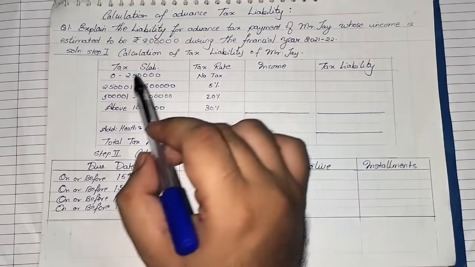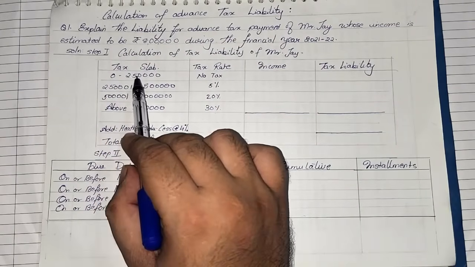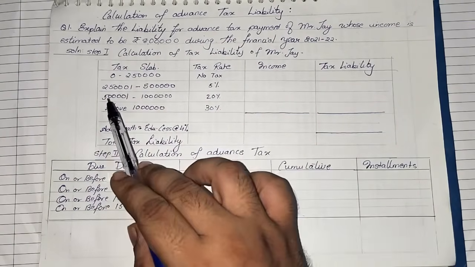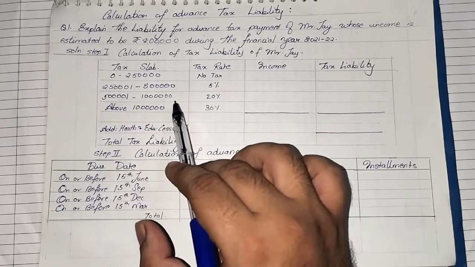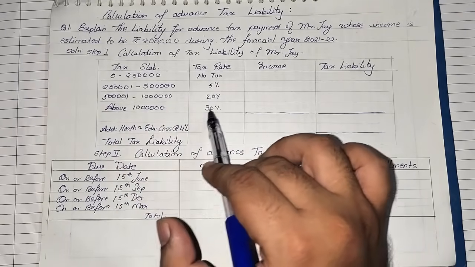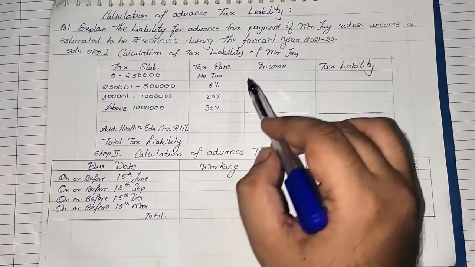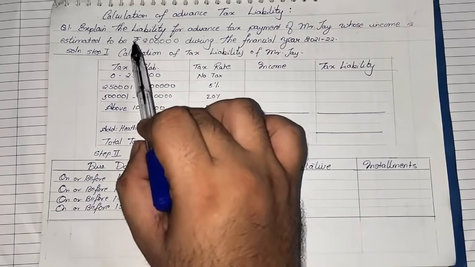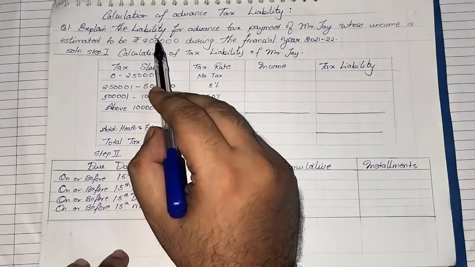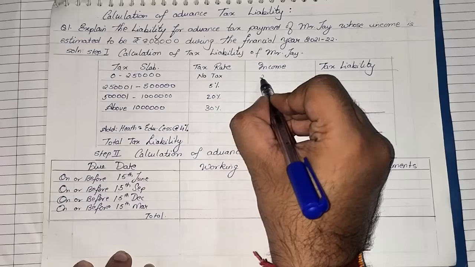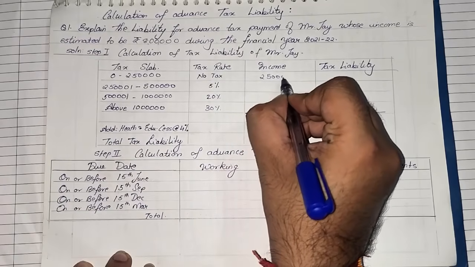Now our tax slab states that from 0 to 2.5 lakhs, no tax. From 2.5 to 5 lakhs, 5%, 5 to 10, 20%, and 10 and above, it will be 30%. Now we need to split the income that is given to us, that is 8 lakhs, under these headings. 8 lakhs will be divided as: first break at 2,50,000.